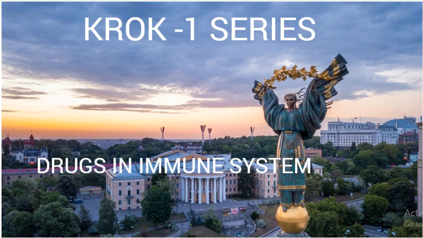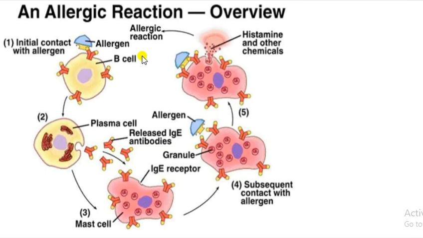In this section, we continue our Croc 1 series and we are talking about drugs which can act on the immune system. First we need to define allergic reactions, because they ask about them continuously in previous year questions.